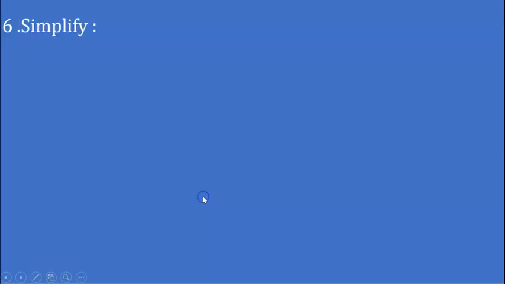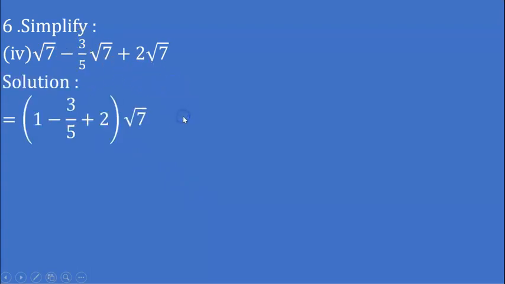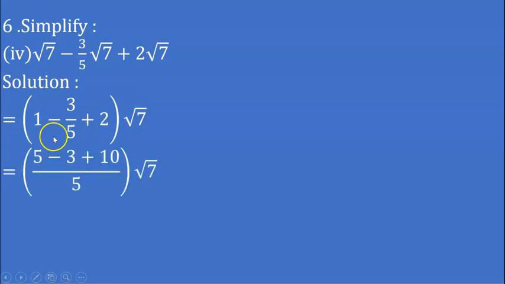Next example. 7 minus 3 by 5 root 7 plus 2 root 7. Take root 7 as a common. Then in bracket you will get 1 minus 3 by 5 plus 2. Next simplification. Now here multiply the numerator and the denominator of this 1 by 5: 1 means 1 by 1 multiplied by 5, then you will get 5 by 5. Here minus 3 by 5.